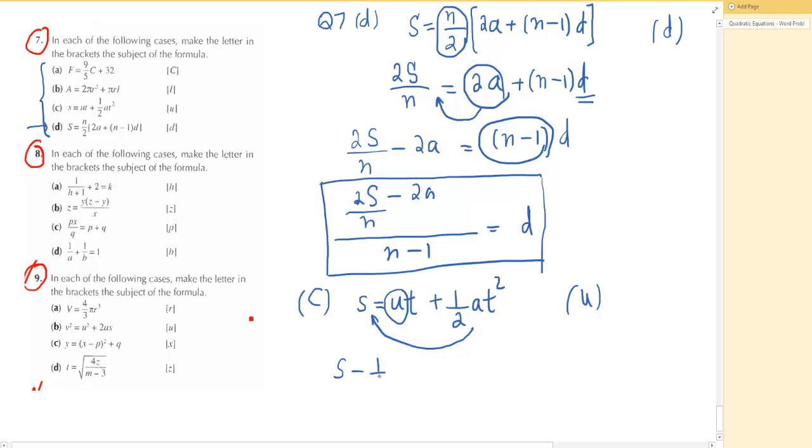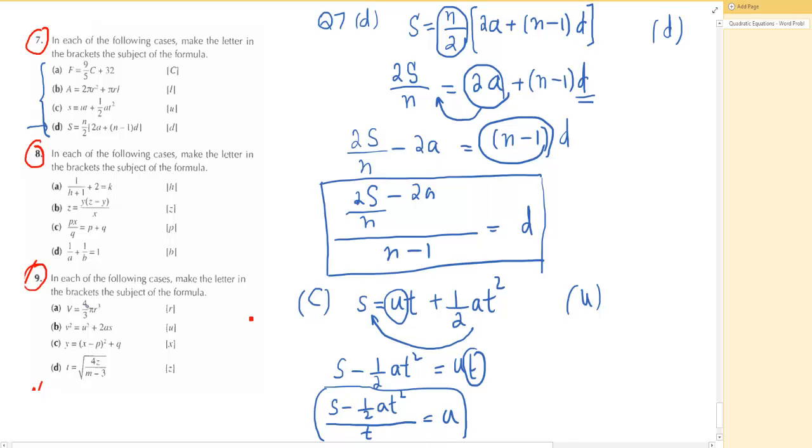S minus half AT square is equal to UT. And now bring this T which is multiplying. So you take a S, put this big line and write T underneath. Here U is the subject. We have done.